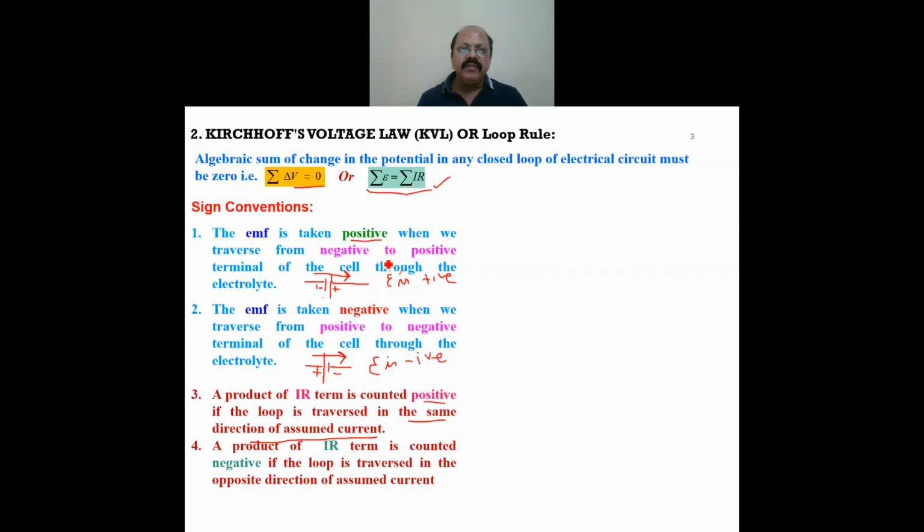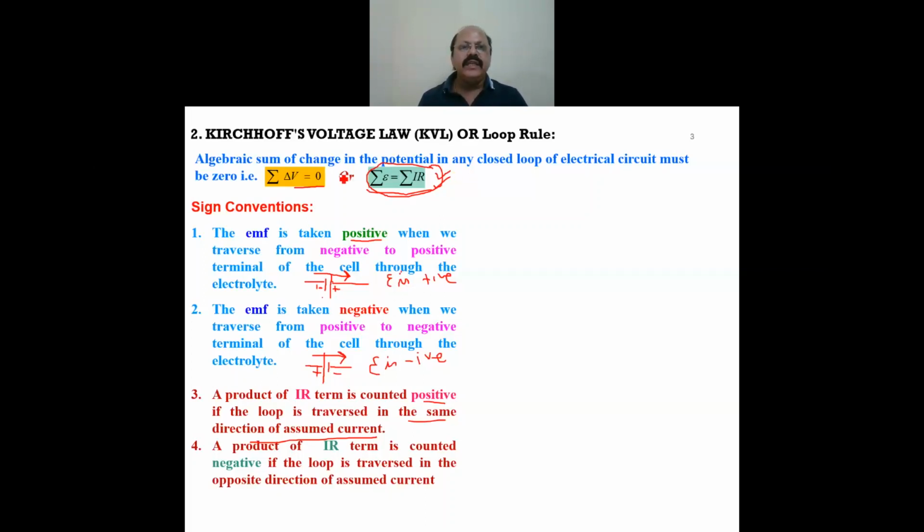These sign conventions which are written here, you have to apply when you are applying the formula sigma E equal to sigma IR. In that condition, you have to use these four sign conventions.